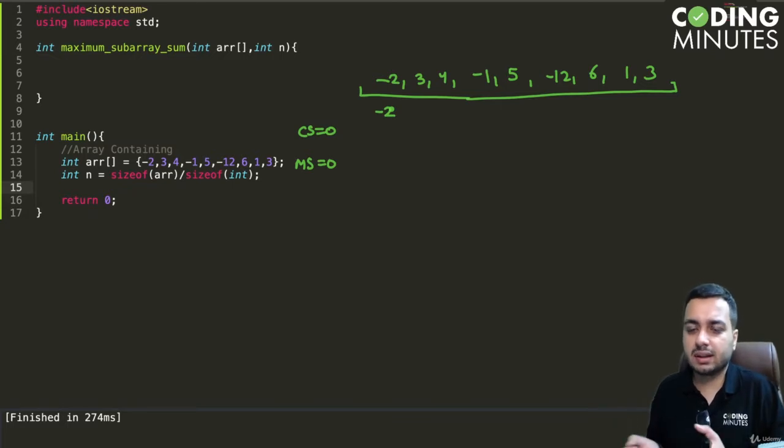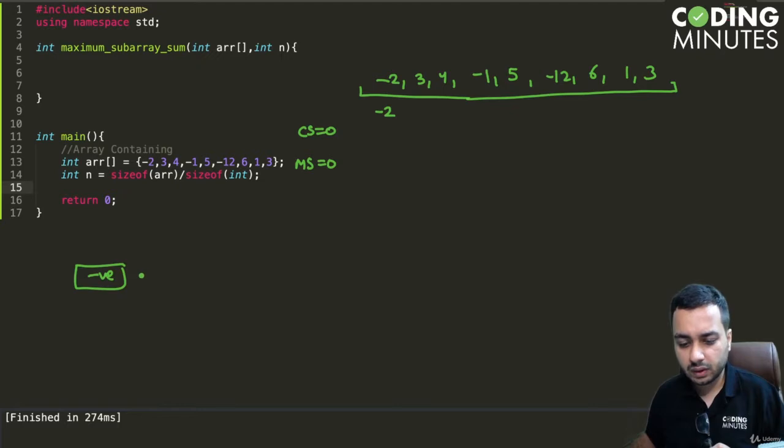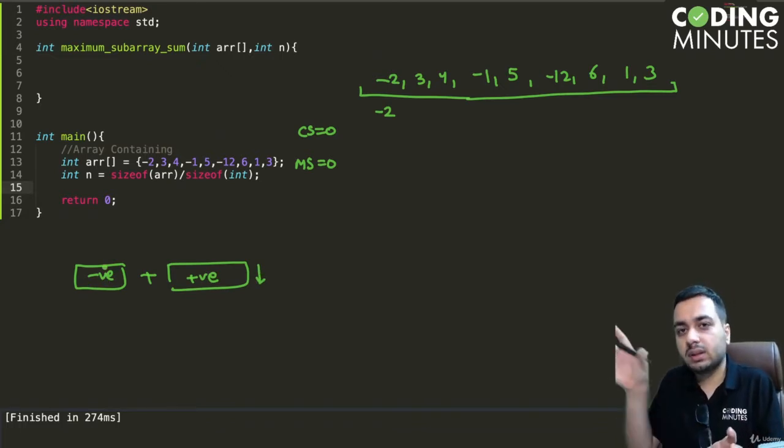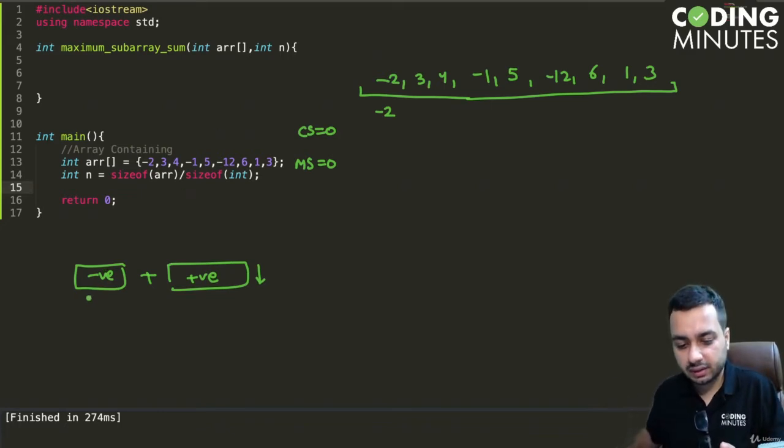But if you combine some negative part with some positive sum, the effect of this positive sum is going to get reduced because of this negative part. So instead of taking a negative sum to combine with the next part, we will ignore it and make it 0.